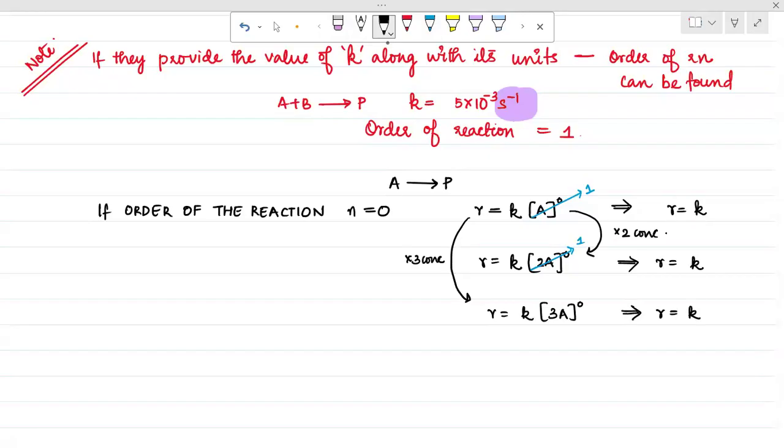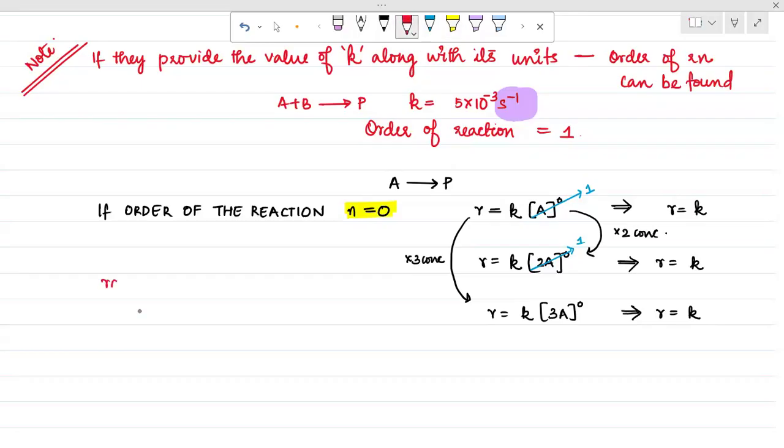So consistently, any changes in the concentration of the reactant in a zero order reaction does not change the rate. Did you get the point?